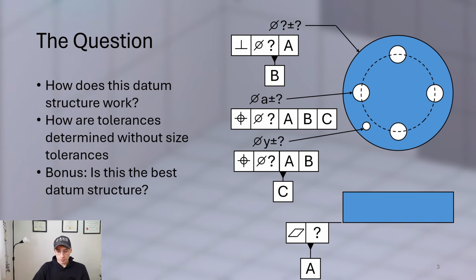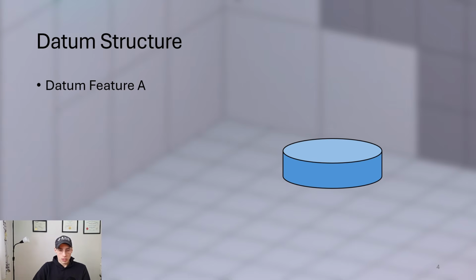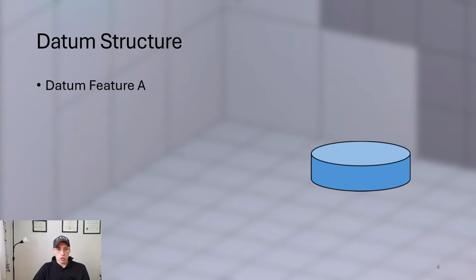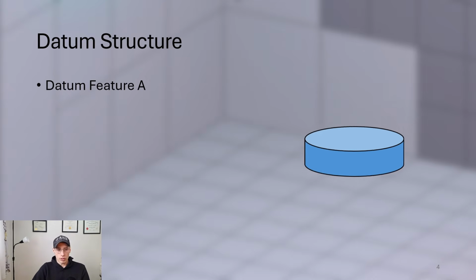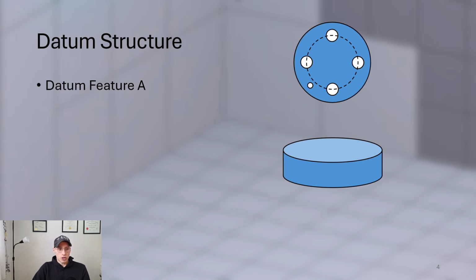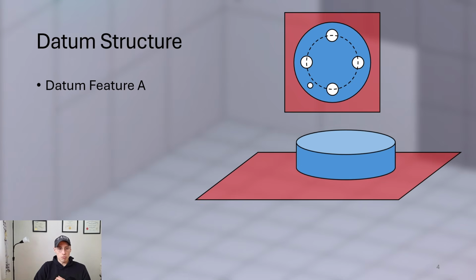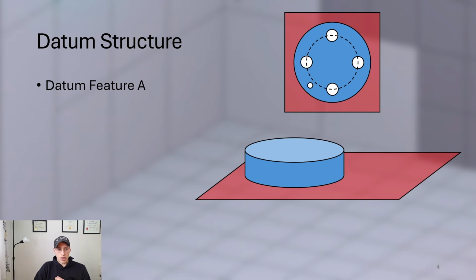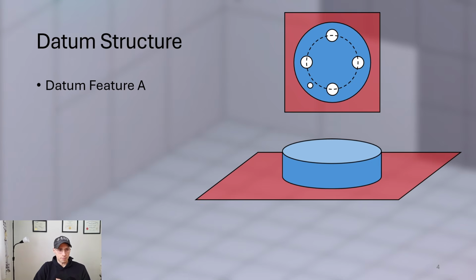So as the poster had it, without any controls, the part is able to just move around and rotate. Datum feature A, however, constrains 3 degrees of freedom. So it constrains the up, down, and the tilt in both directions, but it is still able to move left and right, backwards and forwards, as well as rotate.